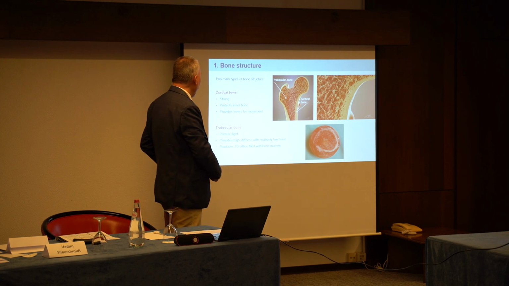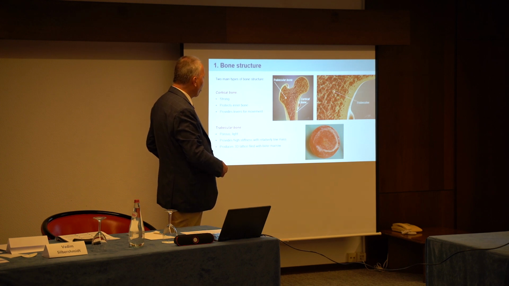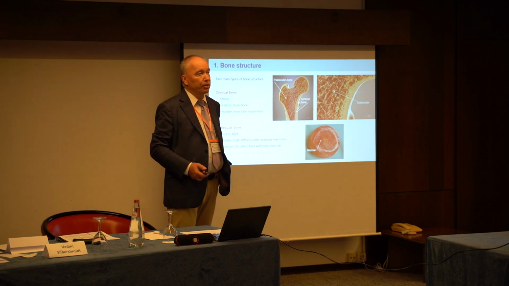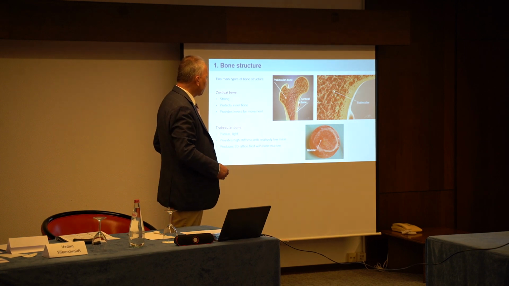And inside this part, we also have the bone marrow, which you can consider as a very soft liquid. And the most important part, these are trabeculae, which have been formed.